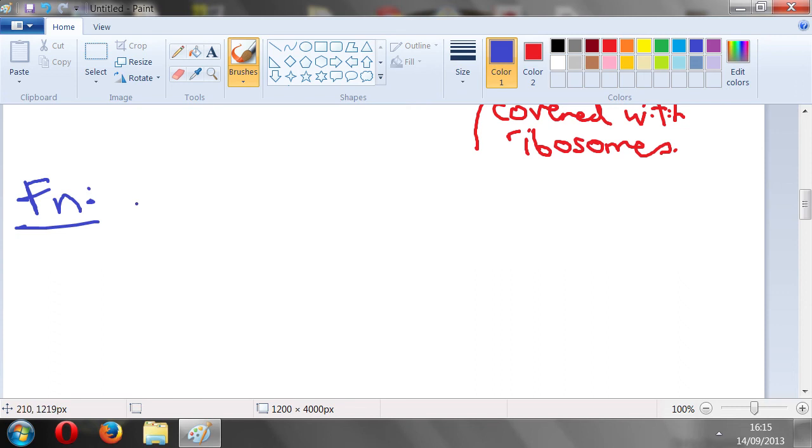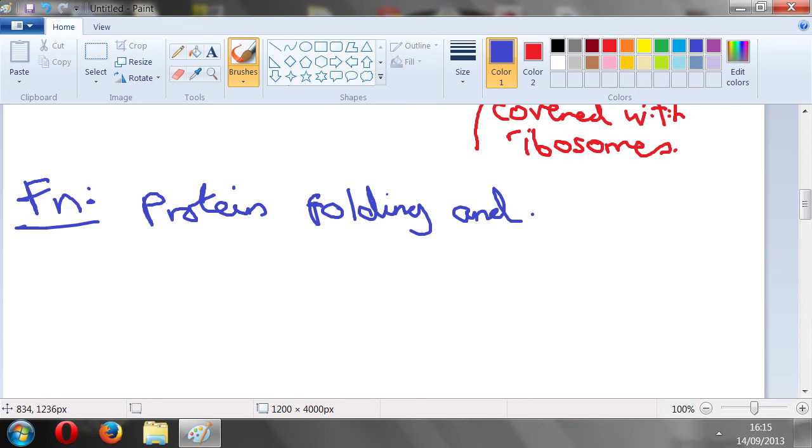Function. So the function is protein folding and processing. So we've got the ribosomes making the proteins, and the rough endoplasmic reticulum is folding and processing them.